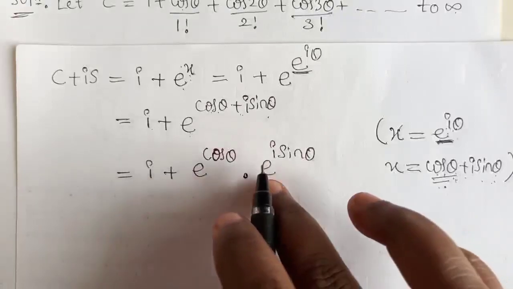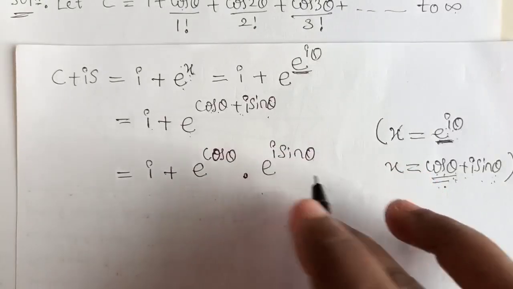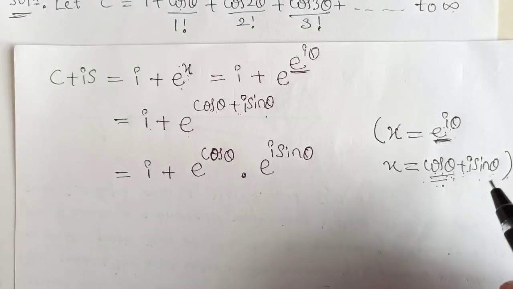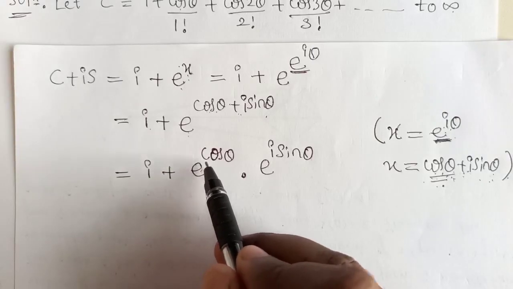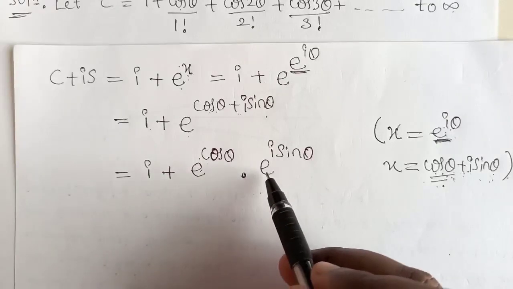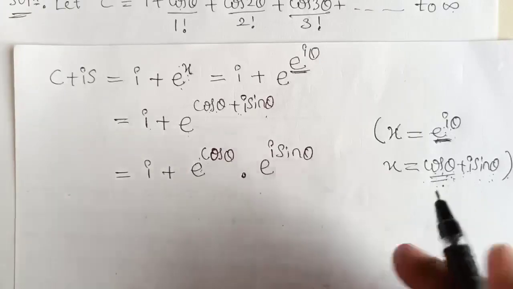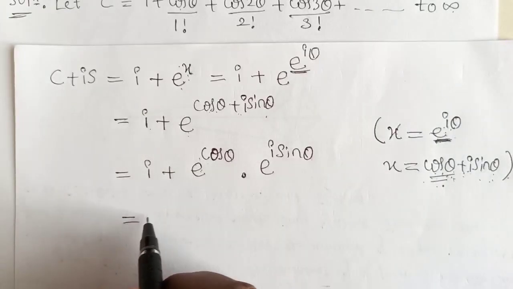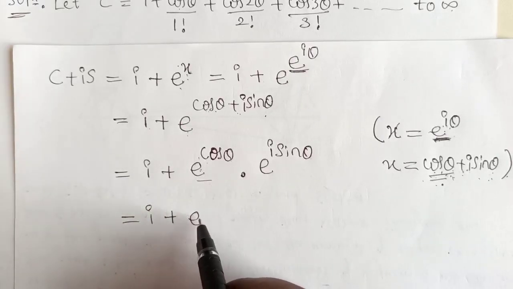Wherever you get e raised to I into something, you have to represent it in terms of cos theta plus I sin theta. This we cannot represent, because here we have e raised to cos theta, there is no I term. Only wherever you have an I term can you write cos theta plus I sin theta. Therefore e I plus, I will keep this as it is because it is purely real part.